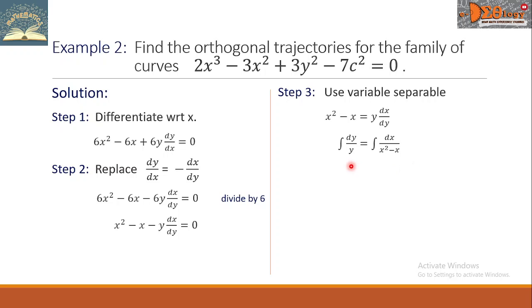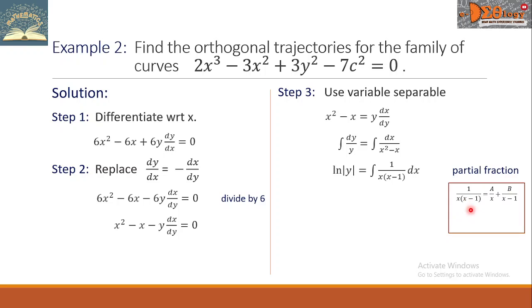On the left, we can simply get the integral of dy over y to be the ln of the absolute value of y. While on the right side, we're going to factor out the denominator to be the quantity x times x minus 1. In here, we're going to use the partial fraction method.